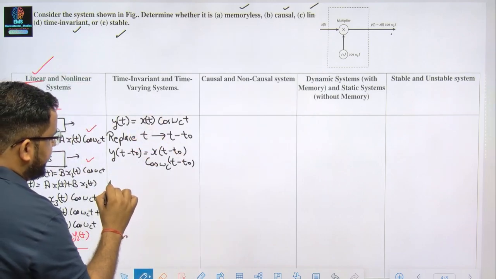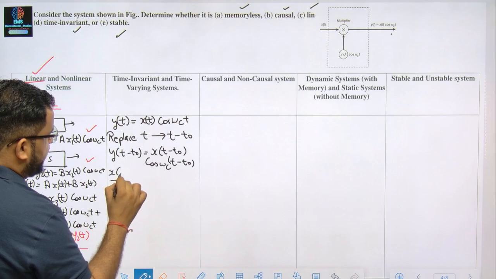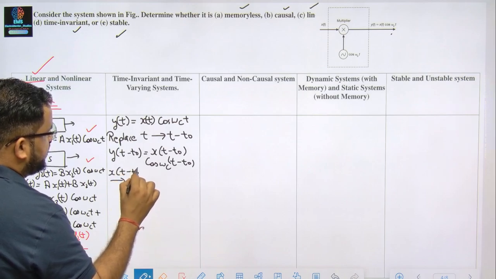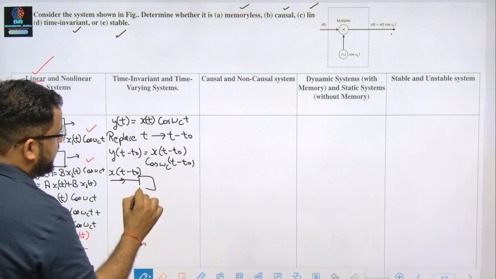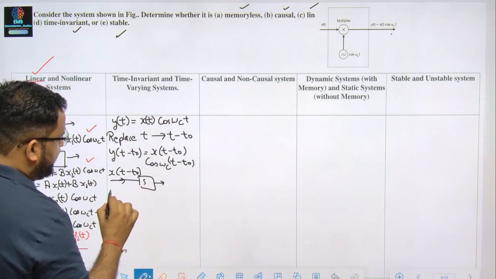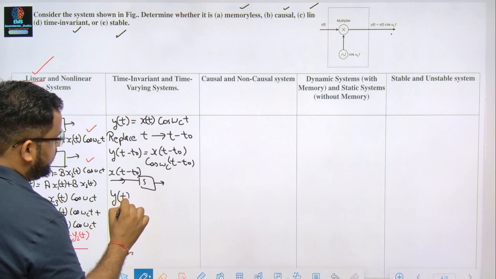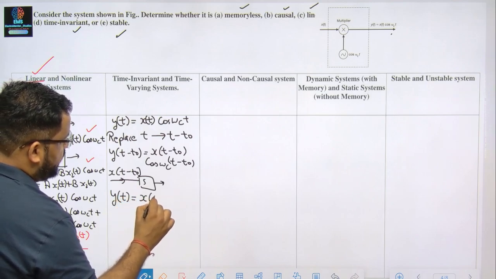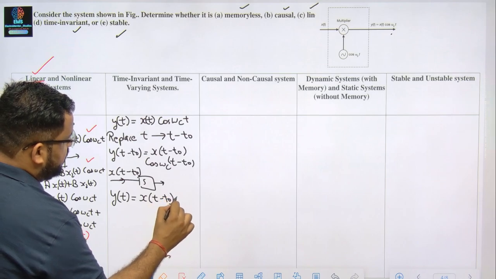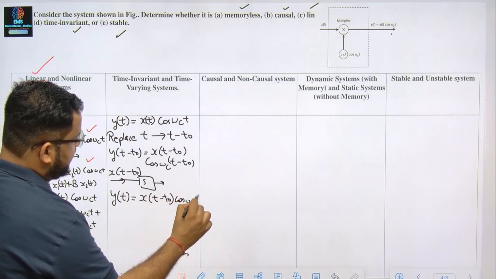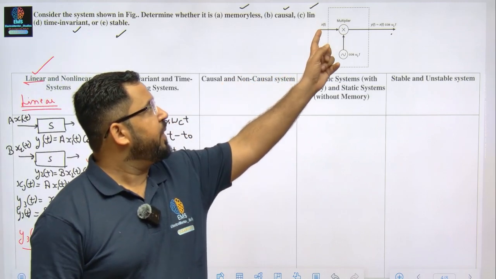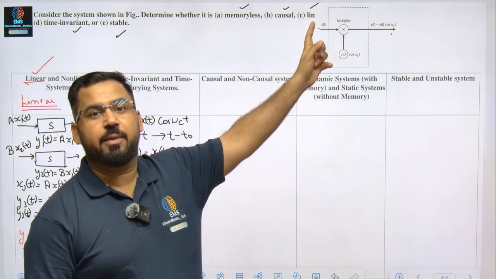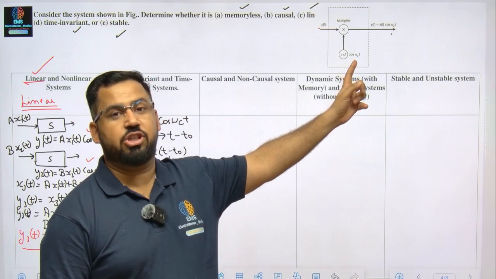Now, let us feed this input to the circuit. x of t minus t naught, I fed to the same system. What would be my output? My y(t) will be x of t minus t naught cos(omega c t). See, my dear friends, here I have given x of t minus t naught. I haven't shifted anything with this cos.